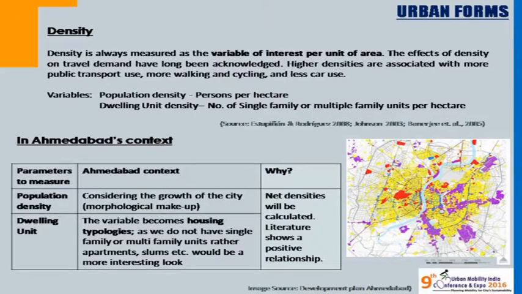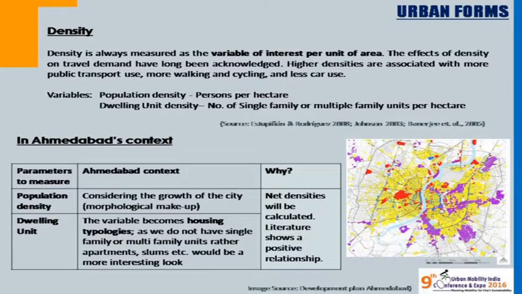The urban form of density is always measured as a variable of interest per unit area, and the effects of density on travel demand have been long acknowledged through previous research. Higher densities are associated with more public transport use, more walking and cycling, and less use of cars. In Ahmedabad's context, the parameters used under density were population density and dwelling unit density.